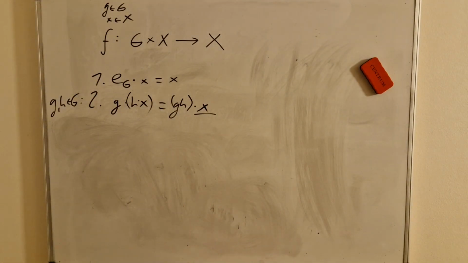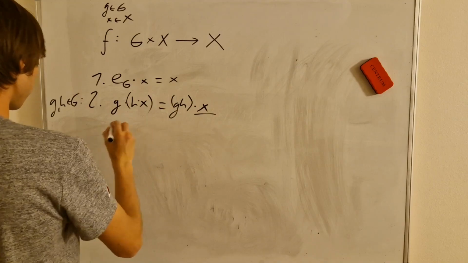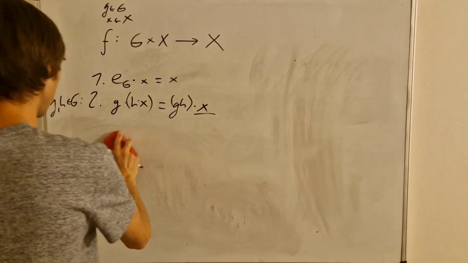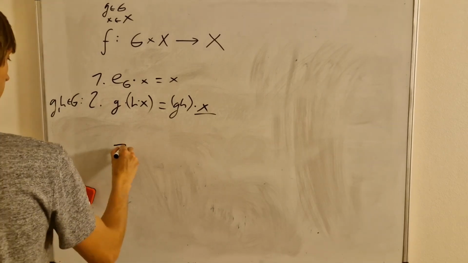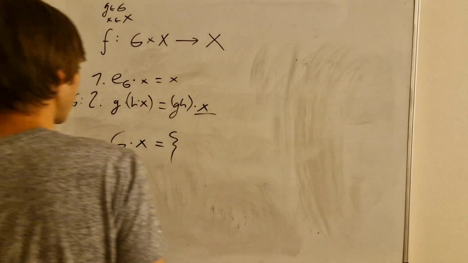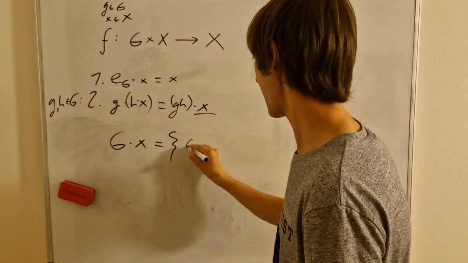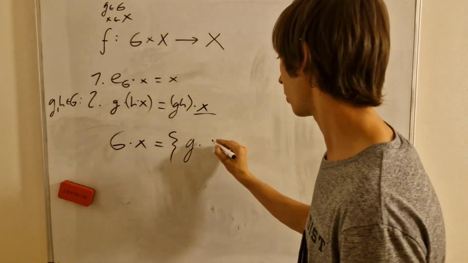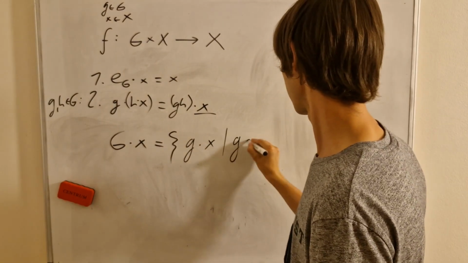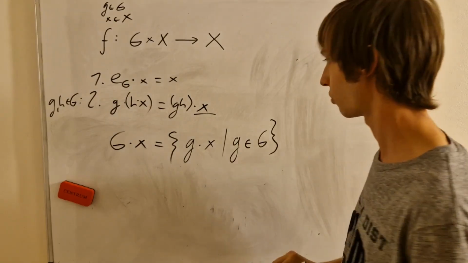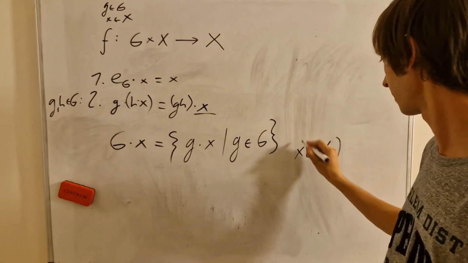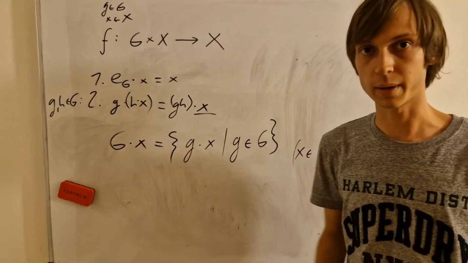So an orbit is basically when we let G, it's actually denoted around like this, is basically when we let all elements of G act on a particular one element from the set X. So that's an orbit.